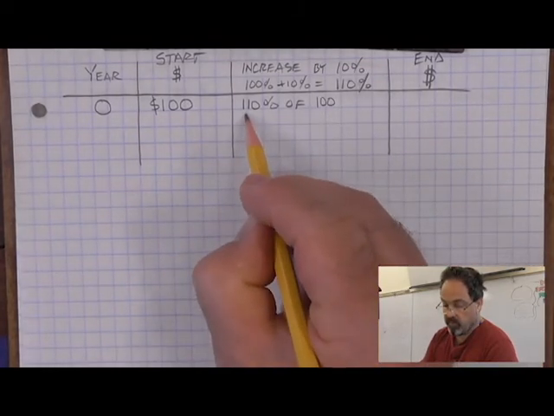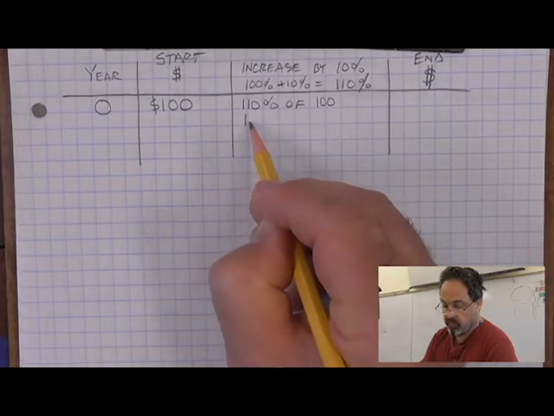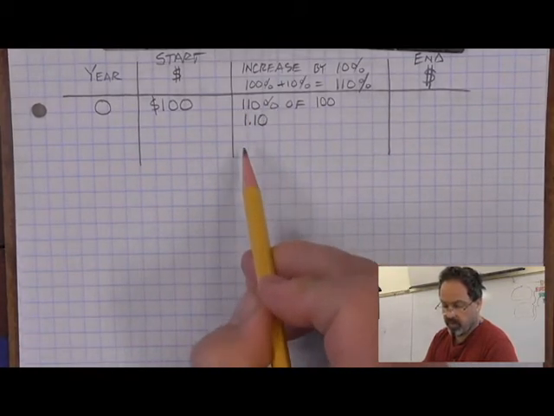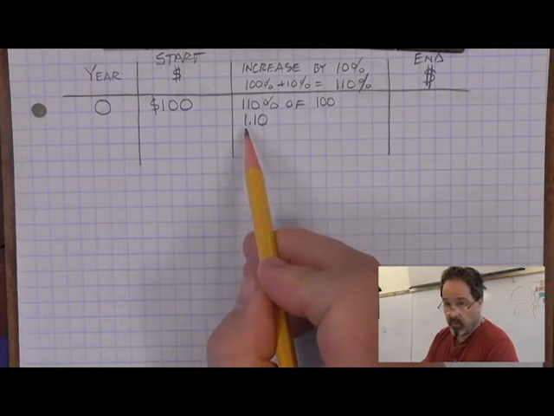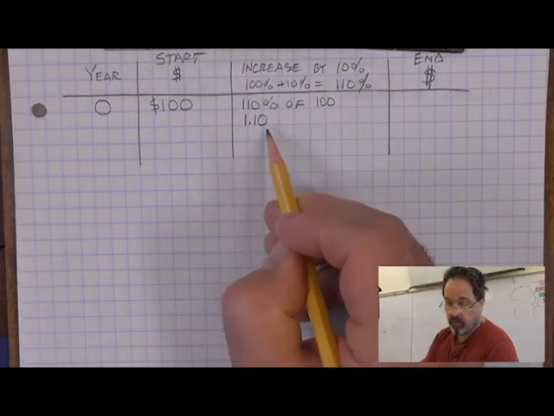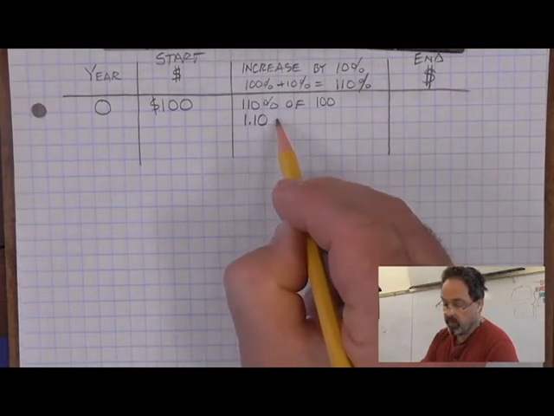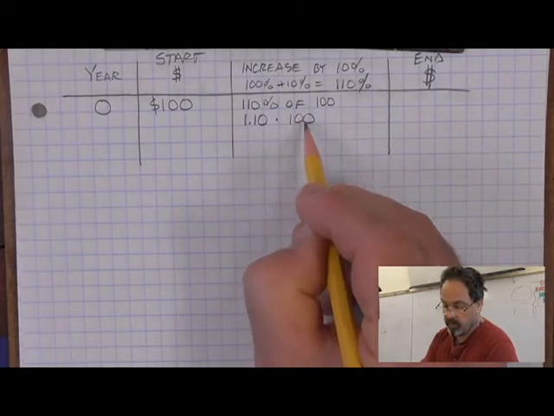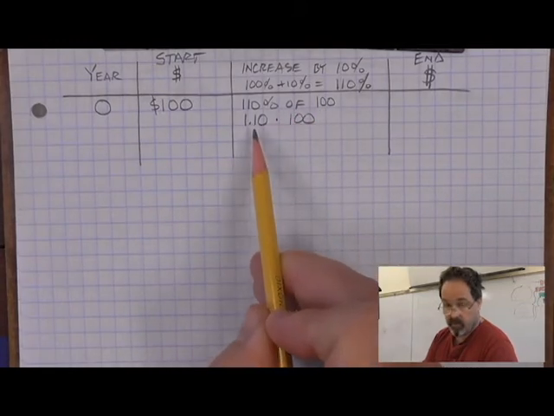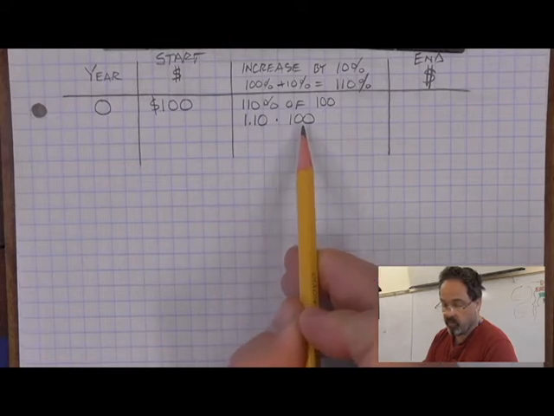And we have learned that when we do a percent of is, we convert the percent to a decimal. In this case, 110% as a decimal is 1.10. I can leave off the 0. You'll notice I'll leave off the 0 when I put this into a calculator. I'm going to multiply by 100. 110% of 100 translates into the math problem 1.1 times 100.